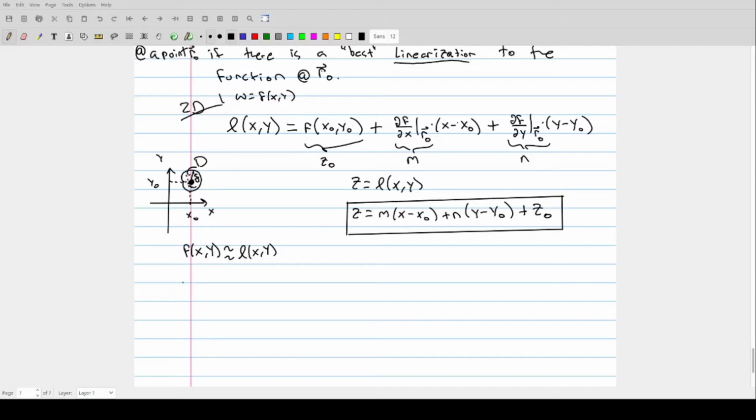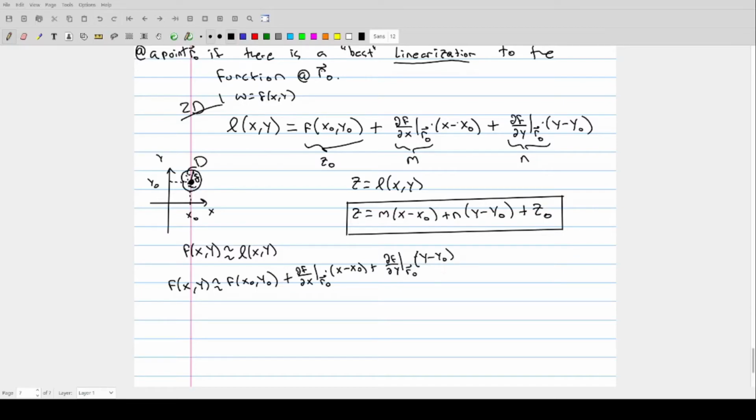Which means that f of x comma y is approximately equal to f of x naught comma y naught plus df dx times x minus x naught plus df dy times y minus y naught.